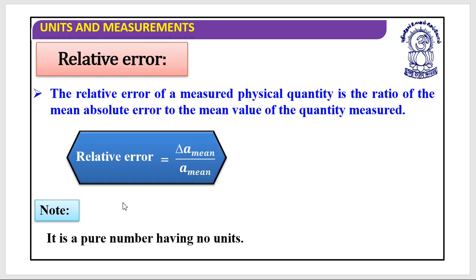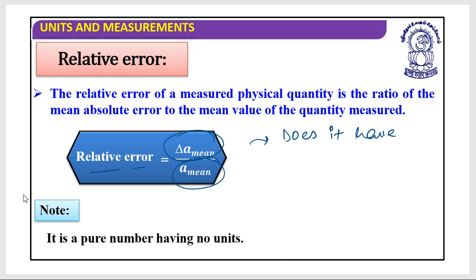And last, relative error. When we consider the relative error, we have discussed delta A mean divided by A mean, which is an average value. So relative error of the measured physical quantity is the ratio of the mean absolute error to the mean value of the quantity measured. Can you observe that it is a ratio having the same physical quantity? Does it have dimensions?